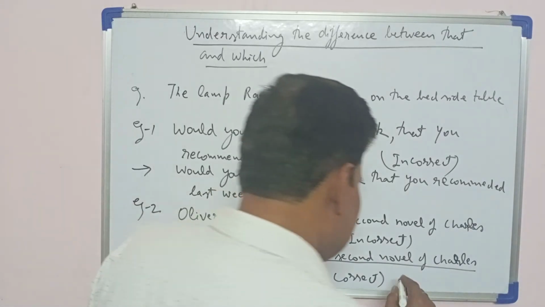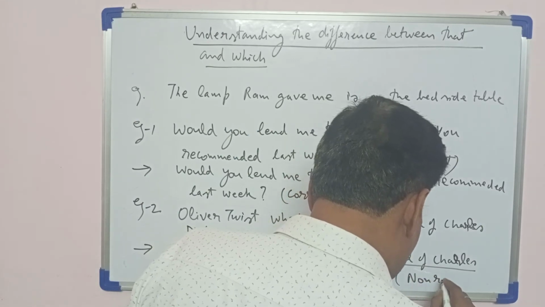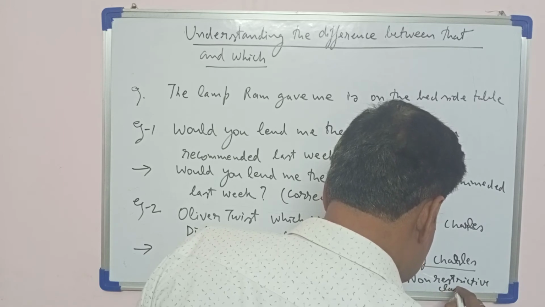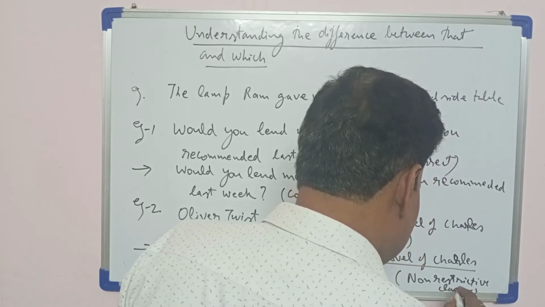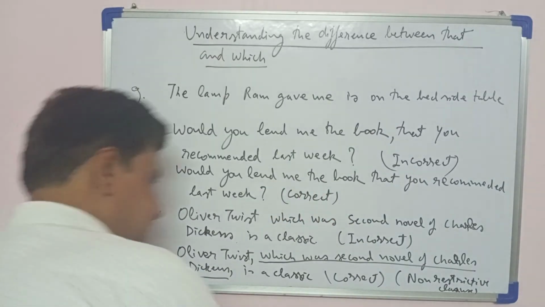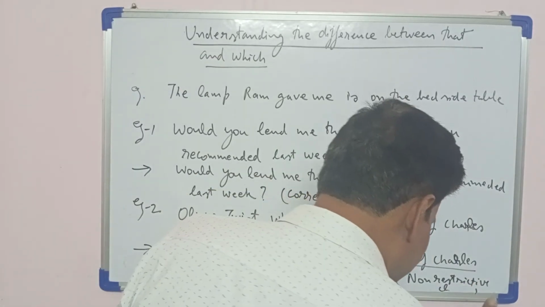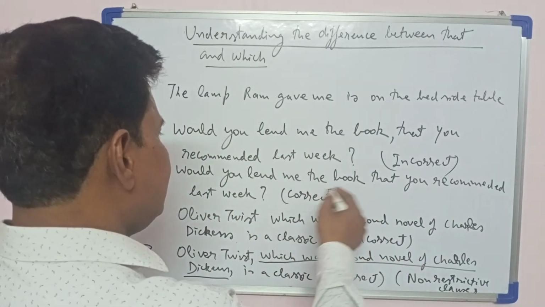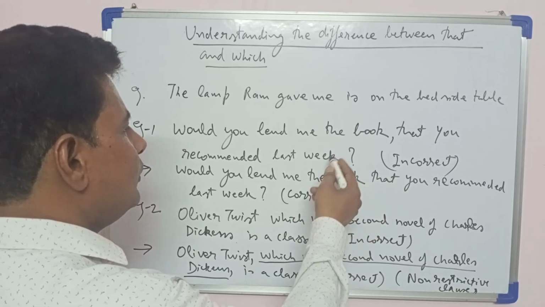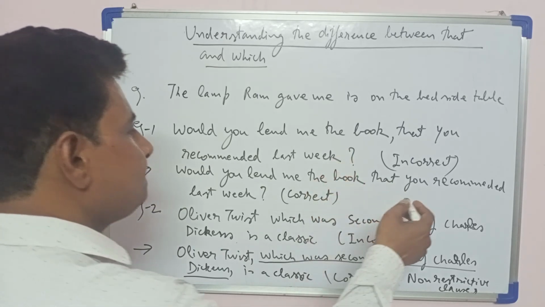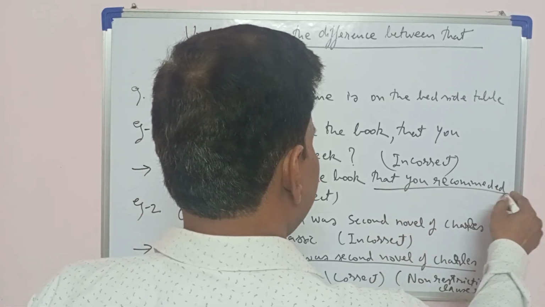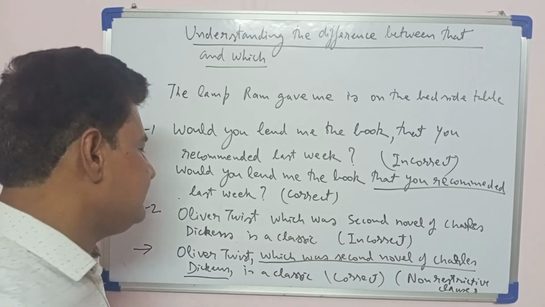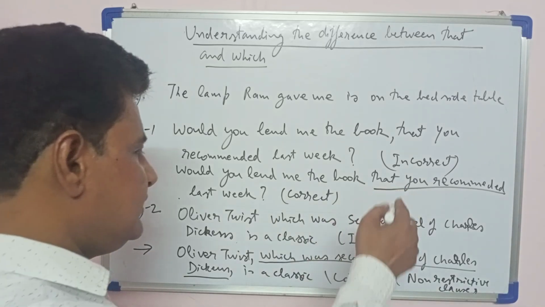Okay, so this is called a non-restrictive clause. You can see, and this is the restrictive clause. Okay, because we are using here that you recommended last week. This is the restrictive clause.